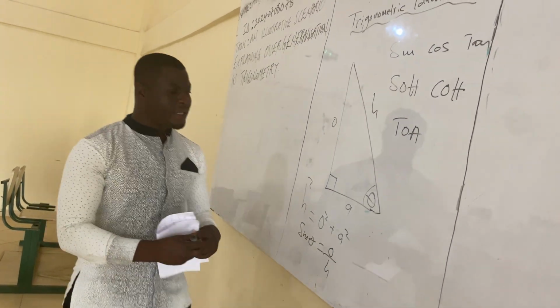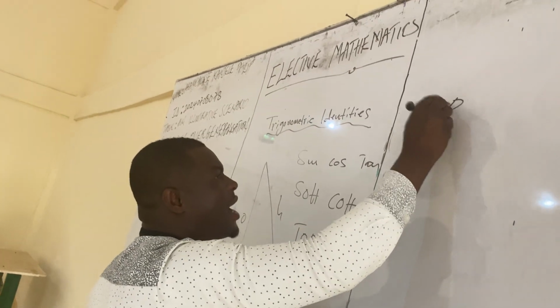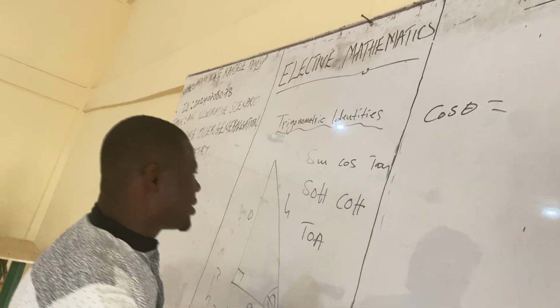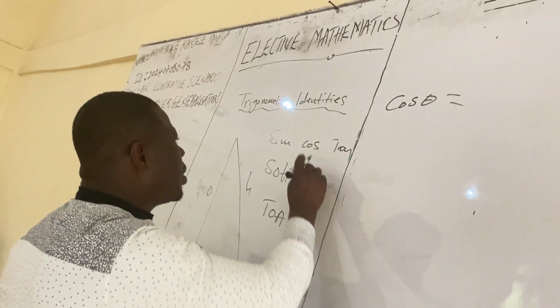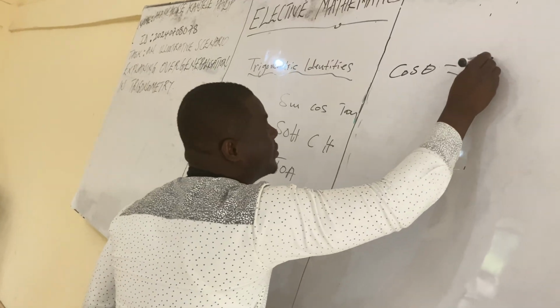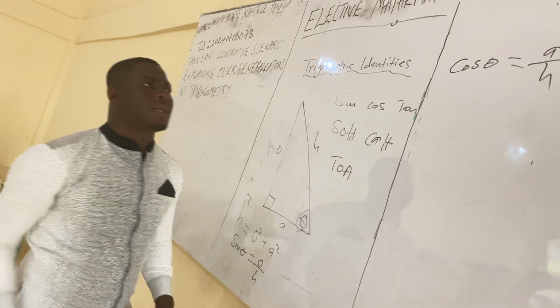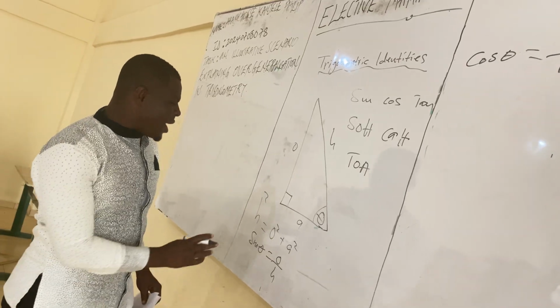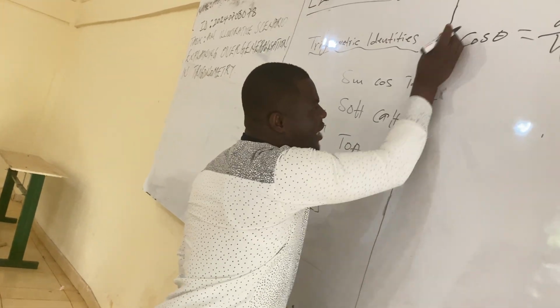And if you want cos of the angle, it is equal to, sorry, adjacent over hypotenuse.